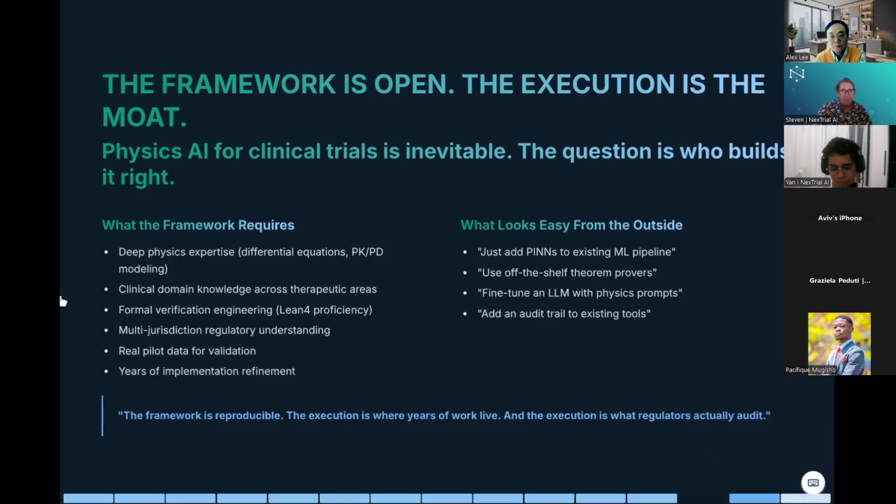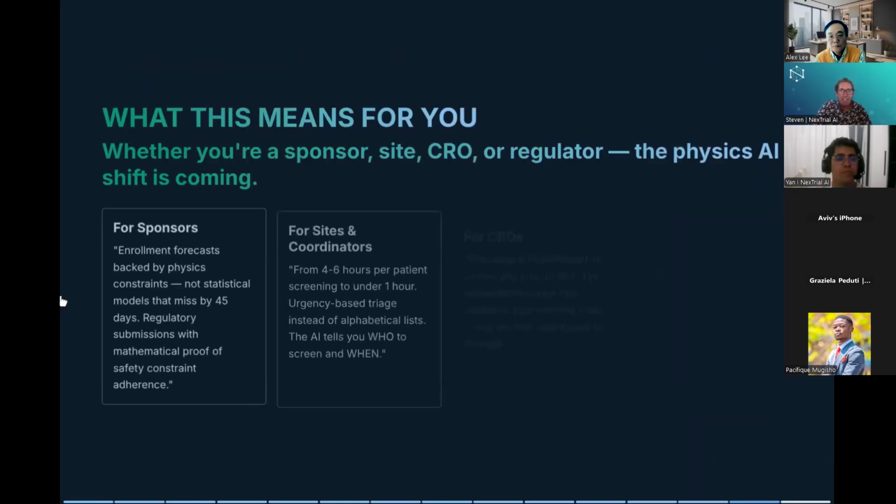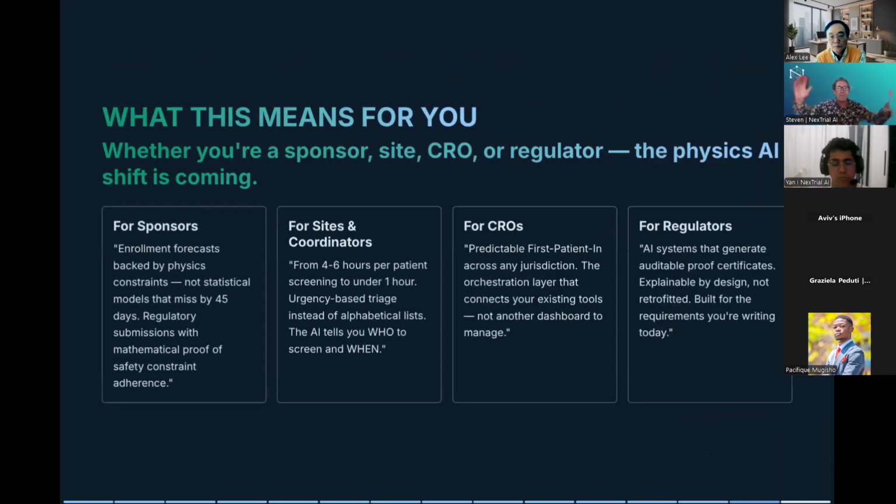So what it means is that if you are a sponsor, this means enrollment forecasts you can actually plan around, backed by physics, not hope. If you run a site, that means your coordinators spend less time, an hour per patient instead of 4 to 6, and they screen the right patients at the right time, right?